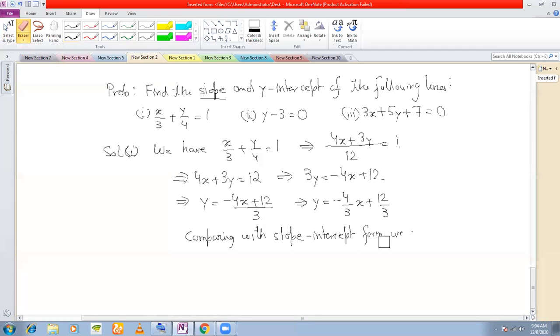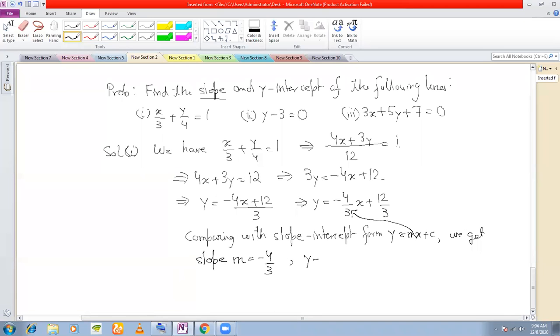Write down the form: y is equal to mx plus c. We get the slope m is equal to, now see, this is m, so this part becomes your m. So this is minus 4 by 3. So the slope of the straight line is minus 4 by 3.